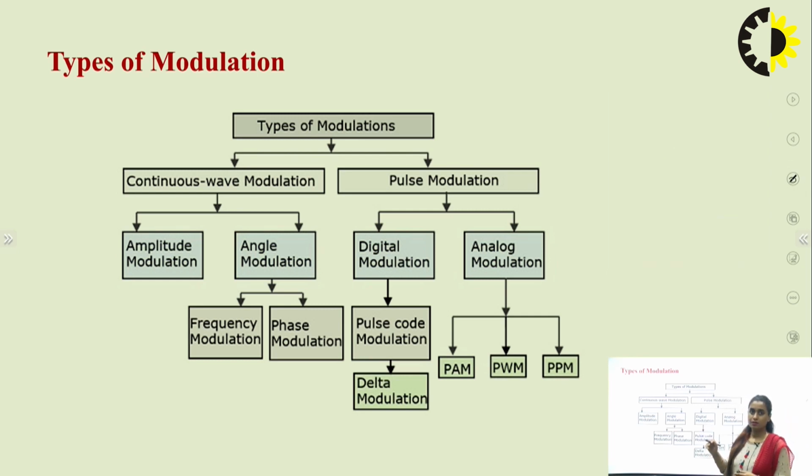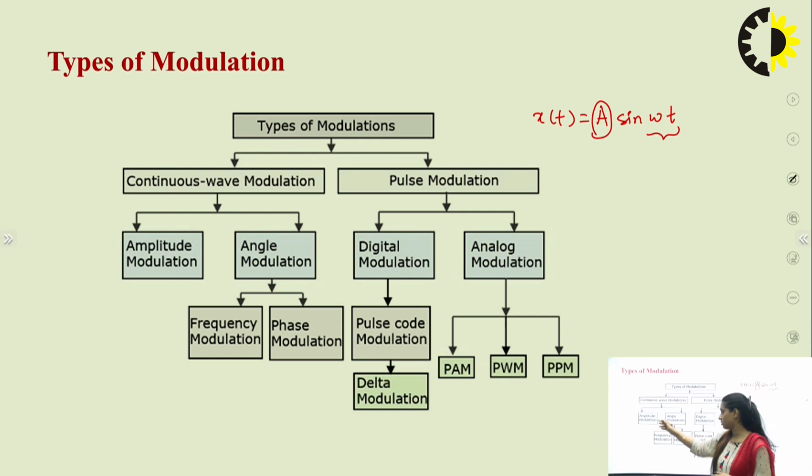We know that basic sinusoid can be represented as, right. So for an analog signal, the characteristics of wave include the amplitude and the angle. So whether we can alter the amplitude or the angle. The process when we alter the amplitude of the high frequency carrier signal is called as amplitude modulation, and the process where we alter the angle of the high frequency carrier wave, it is called as angle modulation.